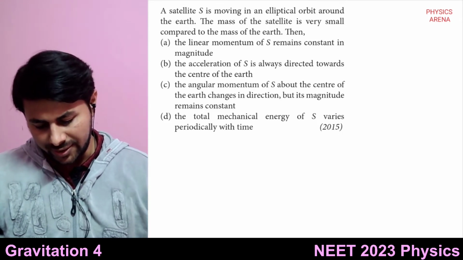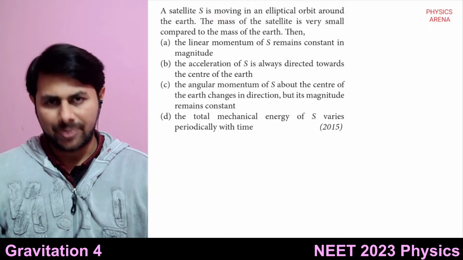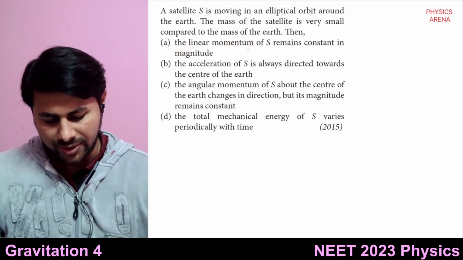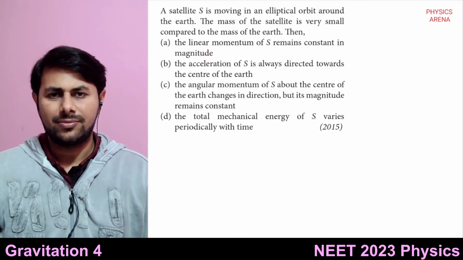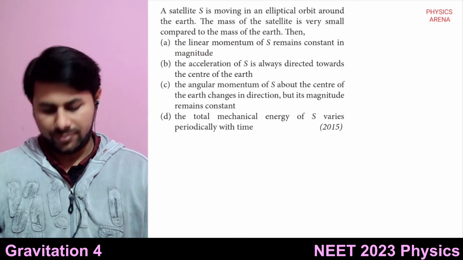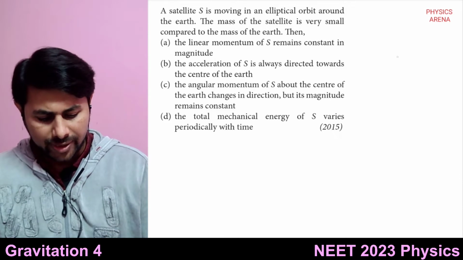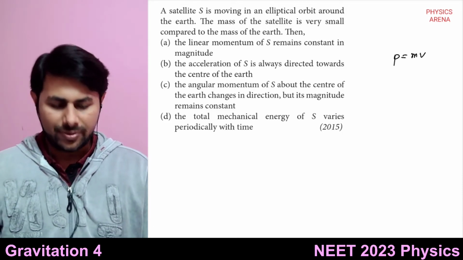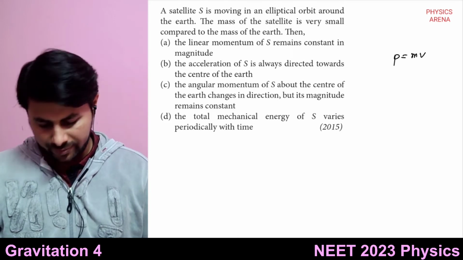There is a satellite S which is moving in an elliptical orbit. So does the linear momentum of S remain constant in magnitude? Linear momentum is mass times velocity. No, because velocity changes.